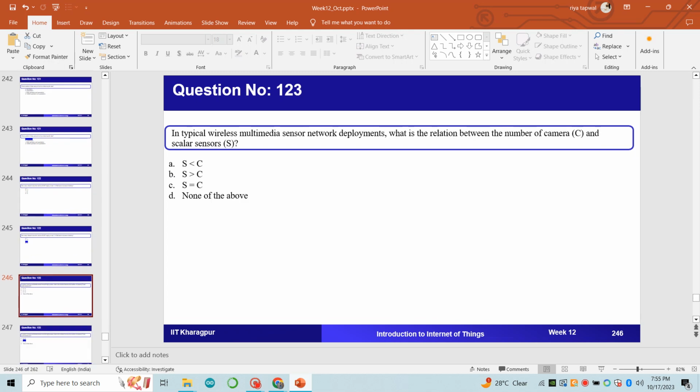Next question is, in typical wireless multimedia sensor network deployments, what is the relation between the number of cameras and scalar sensors? Options are S is less than C, S is greater than C, S is equal to C, none of the above.